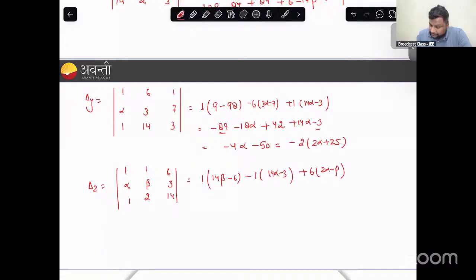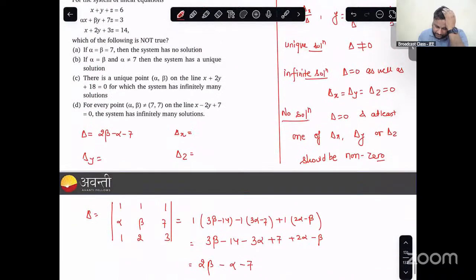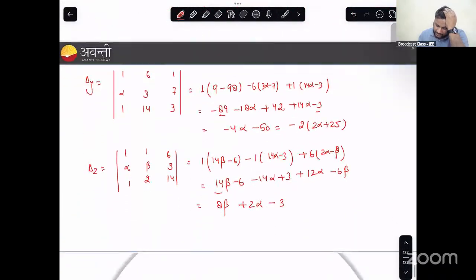So this is 14 beta minus 6 minus 14 alpha plus 3 plus 12 alpha minus 6 beta. So 14 beta minus 6 beta is 8 beta. 8 beta plus 2 alpha minus 3.